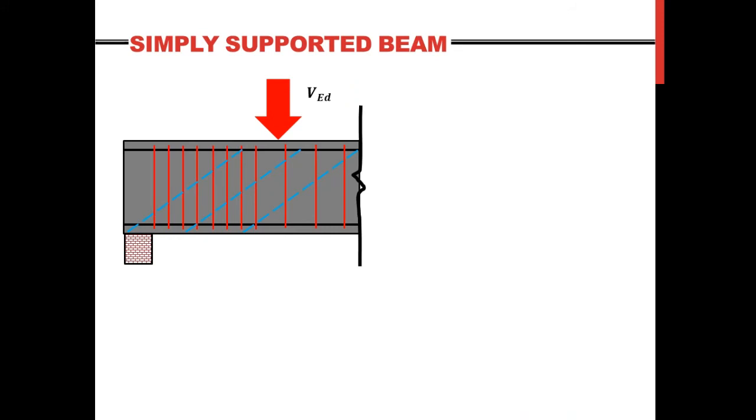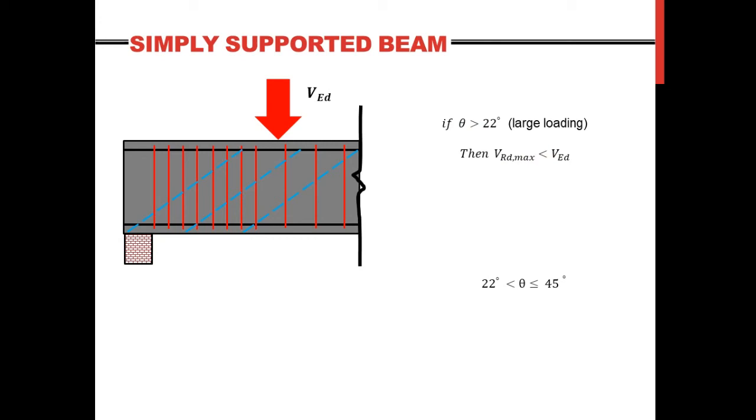Now, most of you might be wondering, what if theta happens to be more than 22 degrees? Well, if theta is more than 22 degrees, that means the VEd is way too big to be resisted by the VRd,max. But what actually happens in this case? Would I be required to put some kind of special rebars, or would I need to resize my member? Well, the simple answer is none of what I have just mentioned.